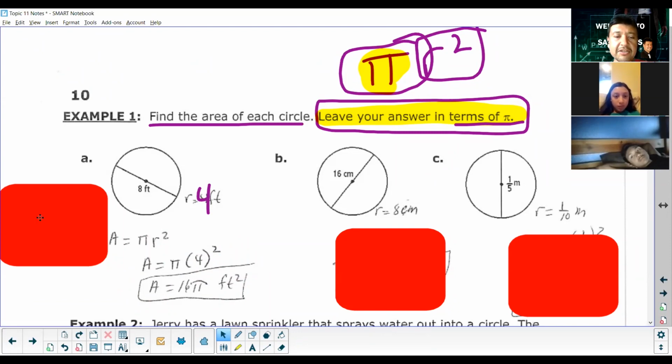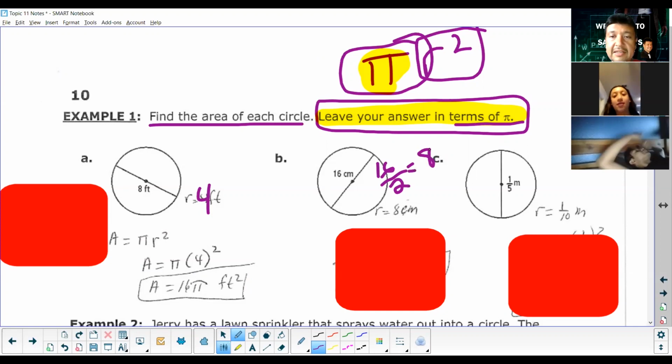All right, Celeste, how would I do B? Well, you get 8. How? Well, you take the diameter. Remember, the diameter is 16. You divide it by 2, and you'll get the radius 8. That's what I thought it was. Exactly.